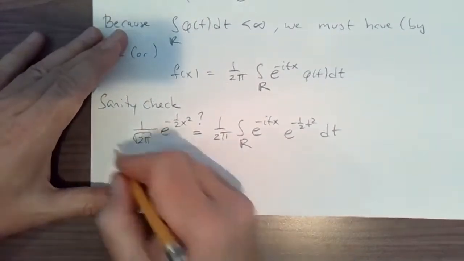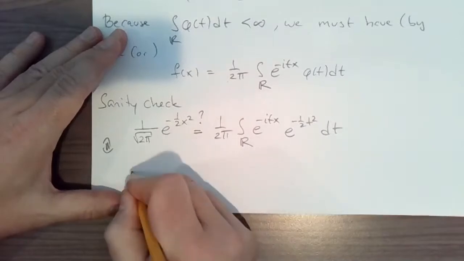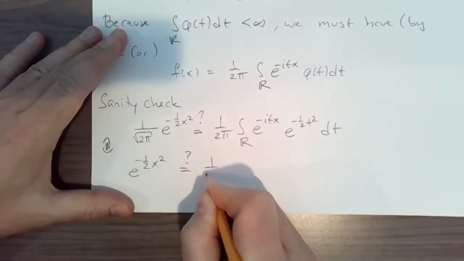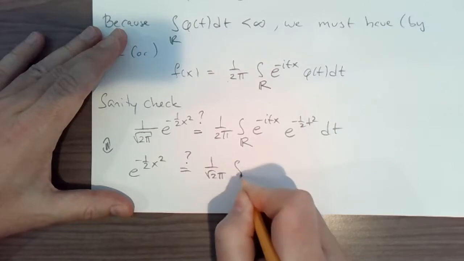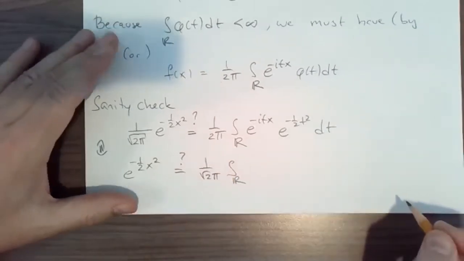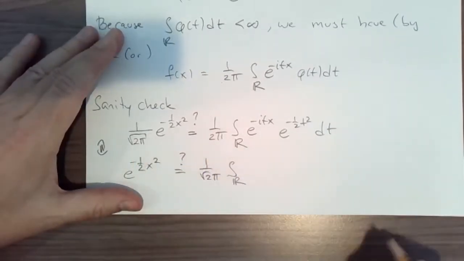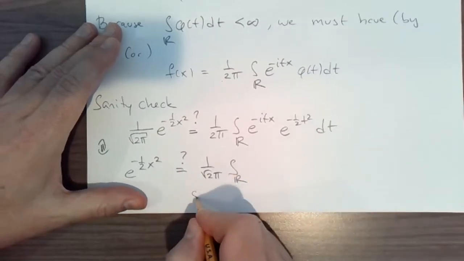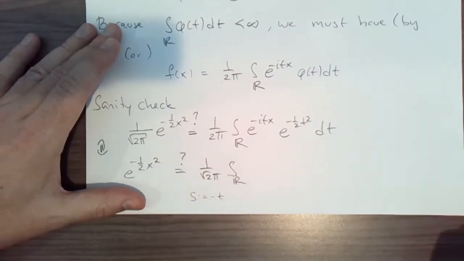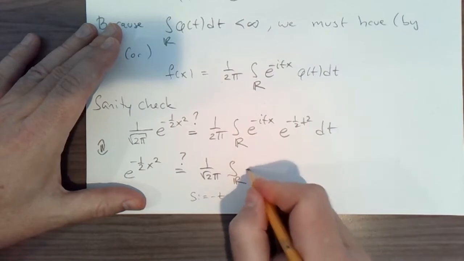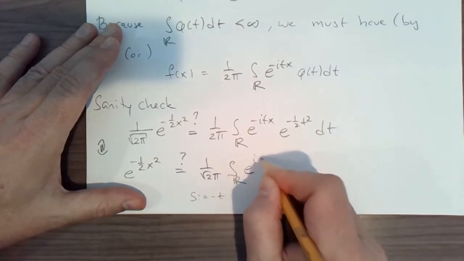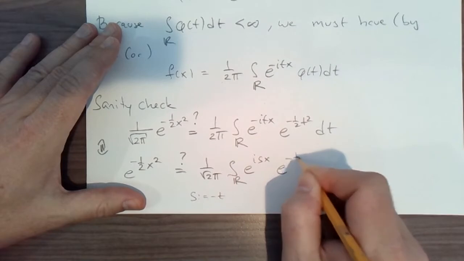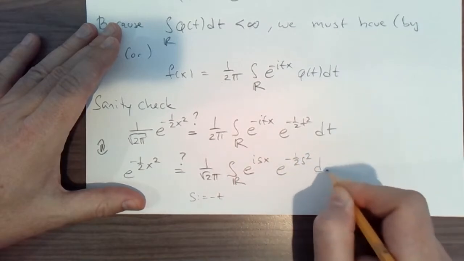Well, yeah, this is the same thing as asking whether e to the minus 1/2 x squared is really equal to 1 over root 2 pi integral over R. I'm just moving the constant to the other side, and then I perform a substitution, namely s is minus t. Then I'll get e to the isx e to the minus 1/2 s squared ds.